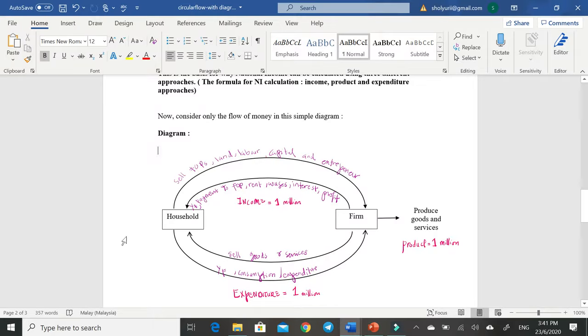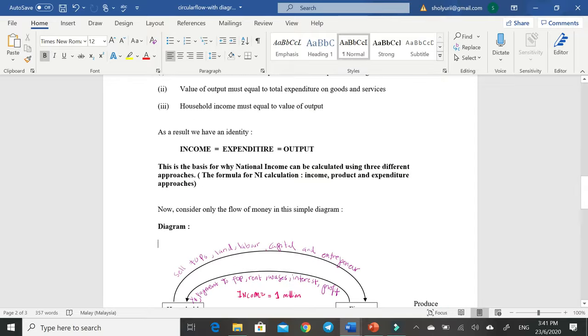Sell factors of production daripada household keluar kepada firm. Lepas tu daripada firm keluar pada household, dia akan jadi YH payment to the factors of production, so rent, wages and salaries. Firm akan produce goods and services, so dia akan sell the goods and services to the household, and bila beli household kena bayar. Itu akan menjadi pendapatan untuk firm, which is kita panggil sebagai consumption or expenditure of the household. Okay, the same one.